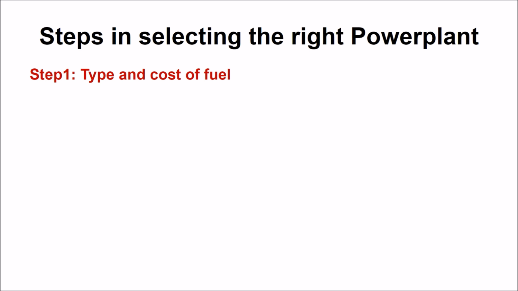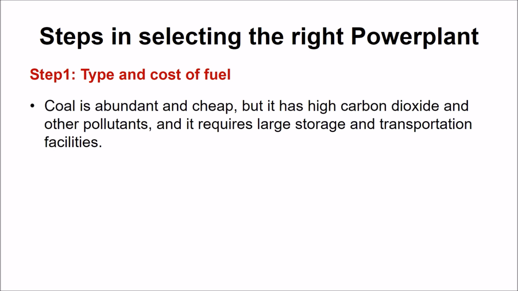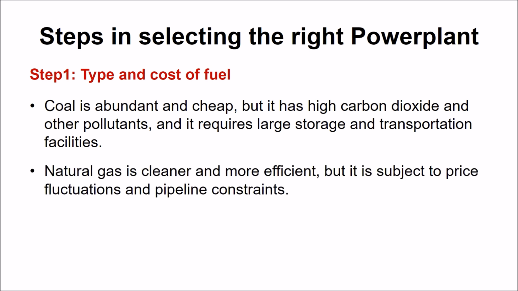Different fuels have different advantages and disadvantages in terms of availability, price, efficiency, emissions, and storage. For example, coal is abundant and cheap, but it has high carbon dioxide and other pollutants, and it requires large storage and transport facilities. Natural gas is cleaner and more efficient, but it is subject to price fluctuations and pipeline constraints.